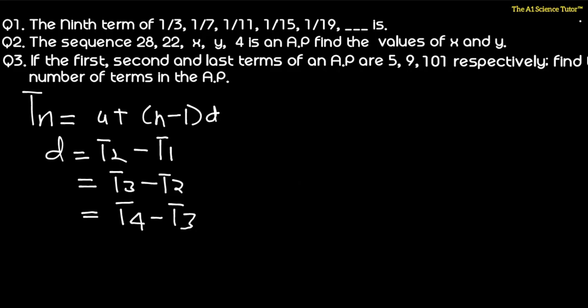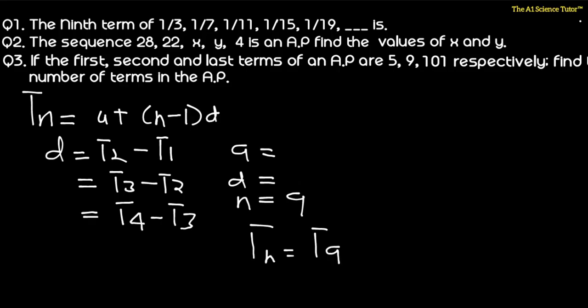We need to find what the first term is, what the common difference is, and then what n is. Well, we might not really need to find that because it was given to us. So n would be 9, so Tn should be the same thing as T9.